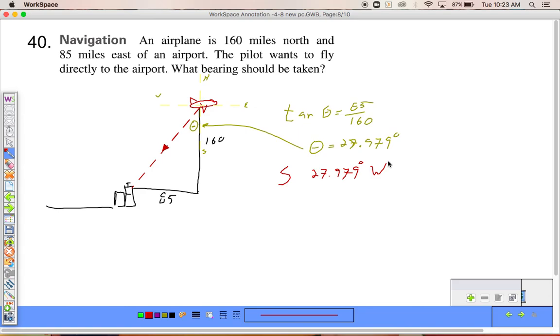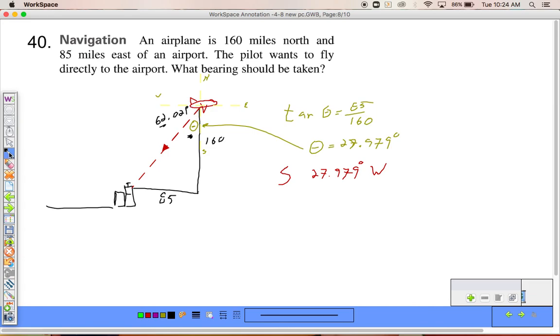I could have also, if I wanted to, take that angle and get 62.021 degrees for this part of the angle. Because if this is almost 28, this is going to be a little over 62, because these two are going to add up to give me 90.